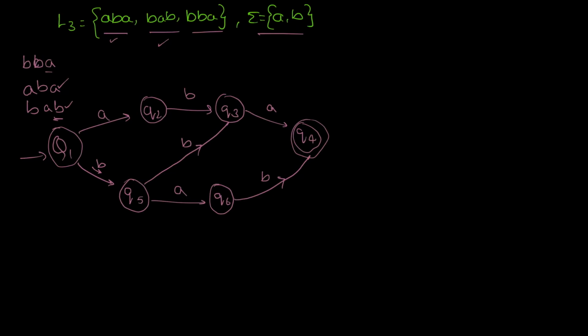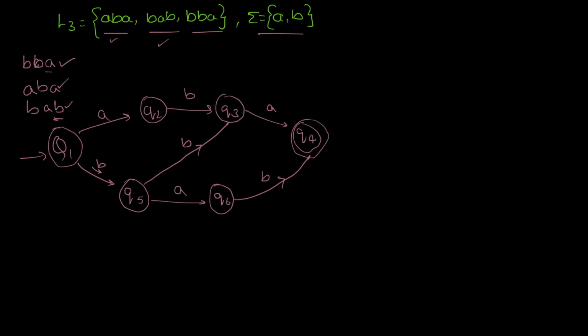So we can directly join Q5 and Q3 by seeing B. So on seeing B from Q5, we go to Q3, and on seeing A from Q3, we go to Q4, which is a final state. So BBA is accepted.